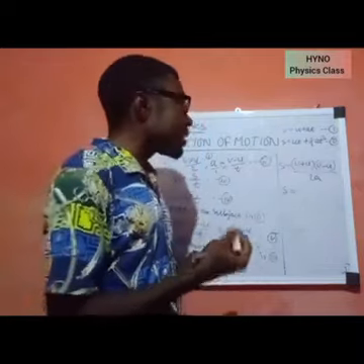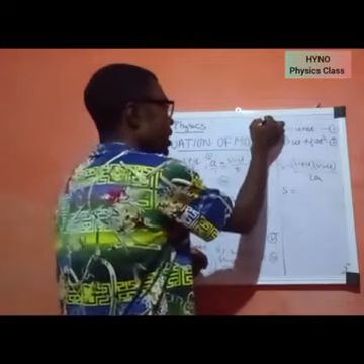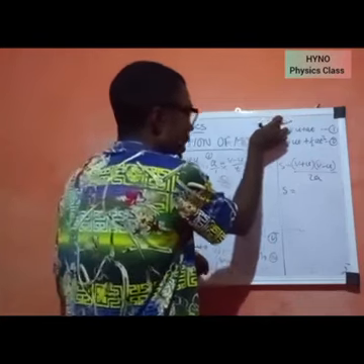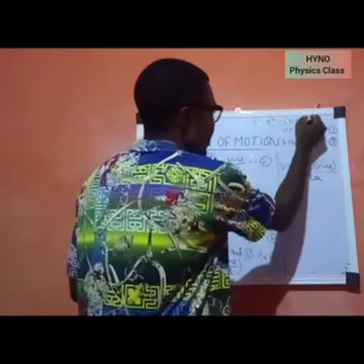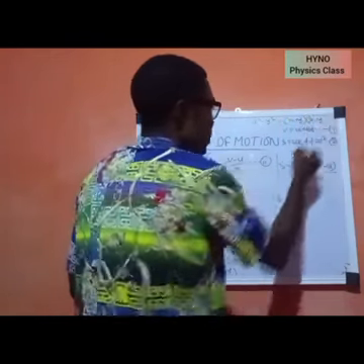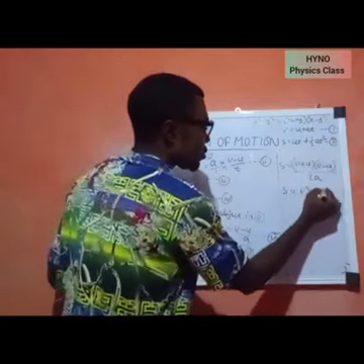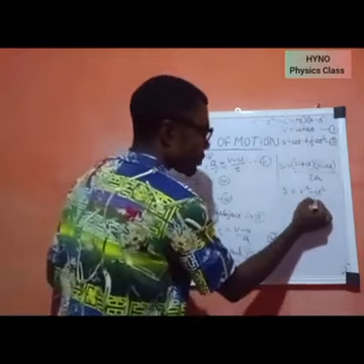Anywhere you see x squared minus y squared, that's the difference between one square and another square. It's the same as x plus y times x minus y. So I can write this as v squared minus u squared, using this relation, all over 2a.